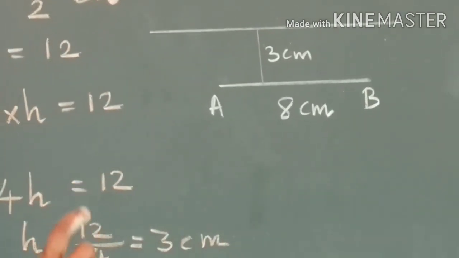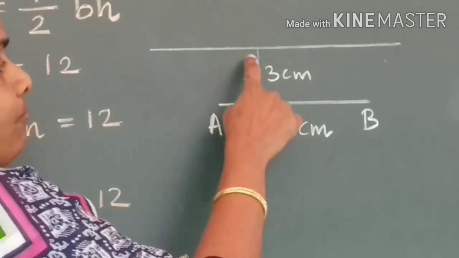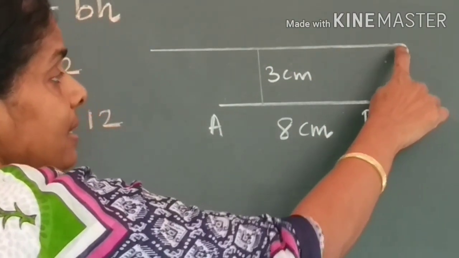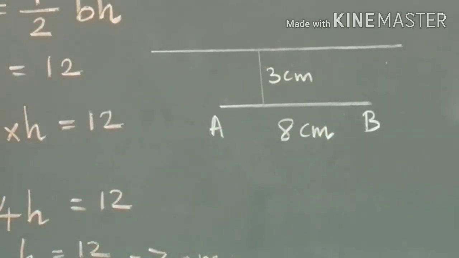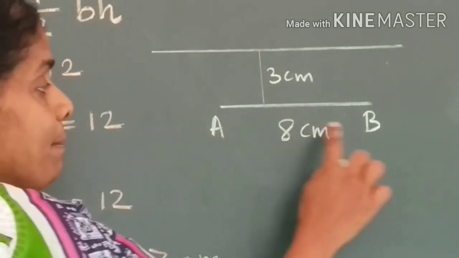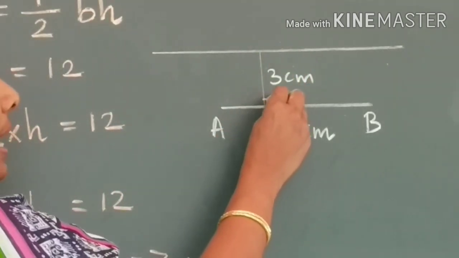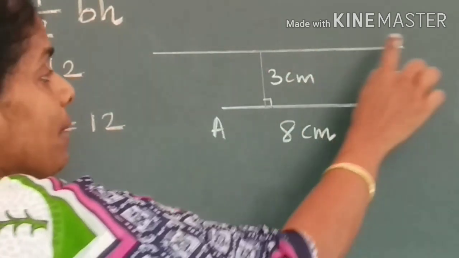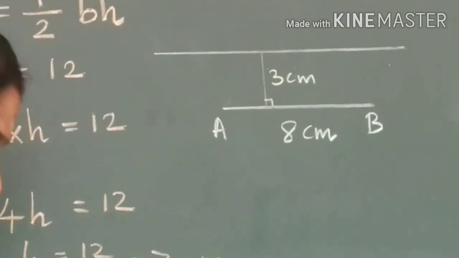Now what is our height? 3 centimeter. So I have drawn a parallel line at a height of 3 centimeter. Is it clear? AB is the base, 3 centimeter is the height. So I have drawn a parallel line at a height of 3 centimeter from AB.